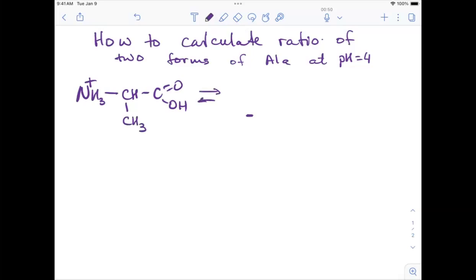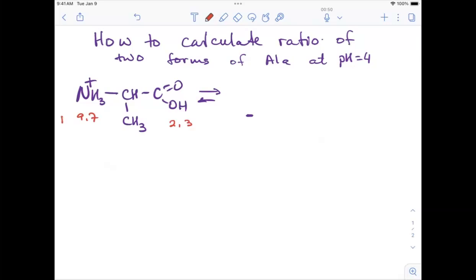And then we're going to draw different ionization forms, right? So alanine has two pKa's. For the carboxyl group, if you look it up in the pKa table, the pK is 2.3, and for the amino group, it's 9.7.